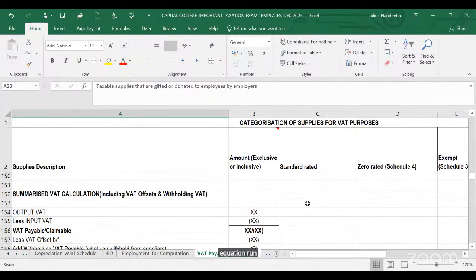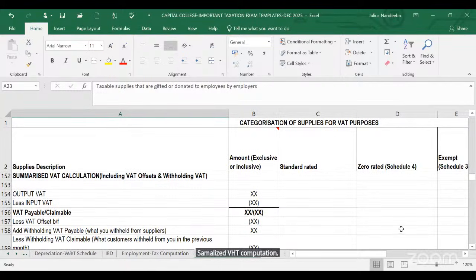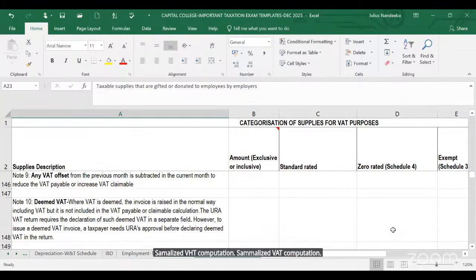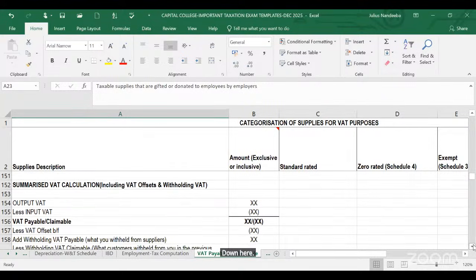And I want you to see this last part that I have called summarized VAT computation, down here. So in the summarized VAT computation, because you have 2 parts of your calculation, you're going to have the summarized computation and then the schedules, where you're going to draw your output and where you're going to draw your input.